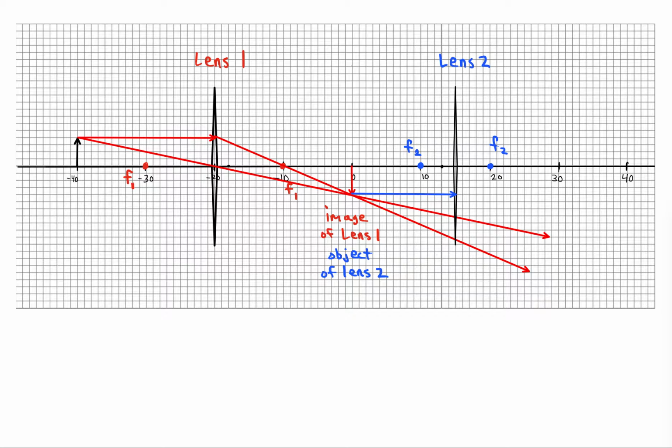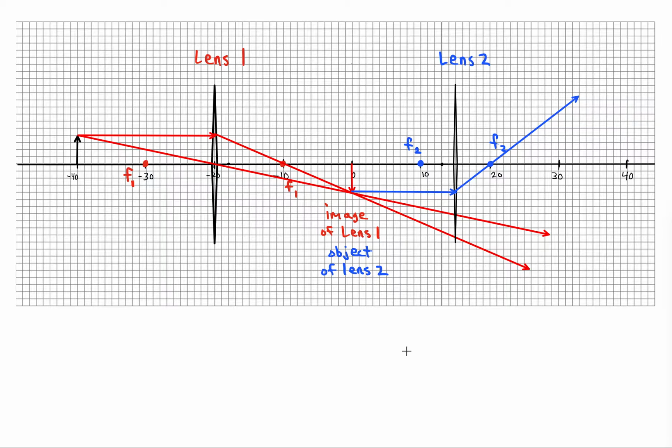And what would happen to that ray? It would be refracted through the focal point, F2. Alright, we would also send a ray directly through the center of our lens.